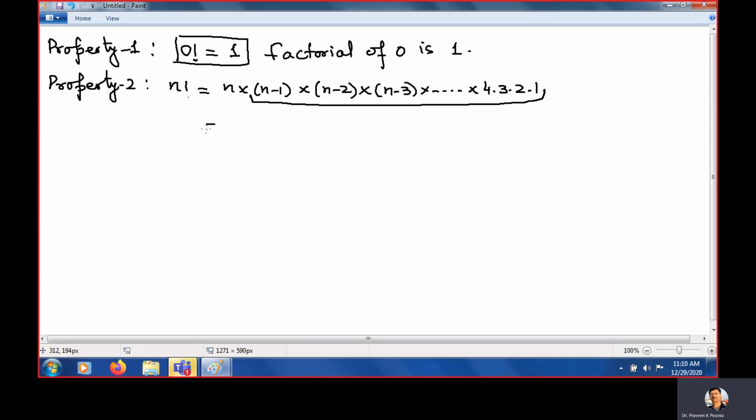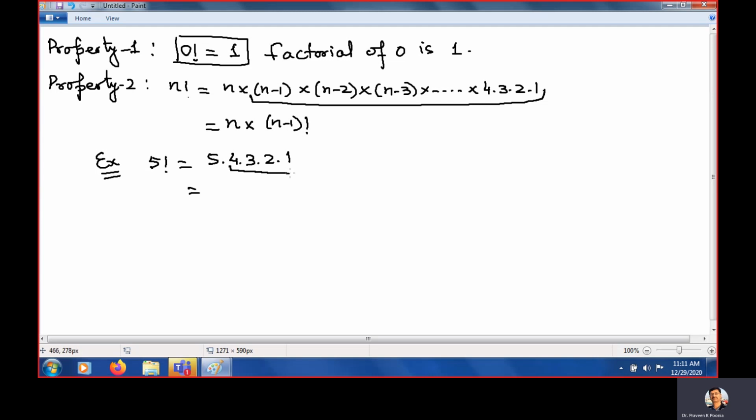Everything after the first n is factorial (n minus 1). So under this property, we can break big factorials into small factorials. For example, factorial 5 is 5 times 4 times 3 times 2 times 1.